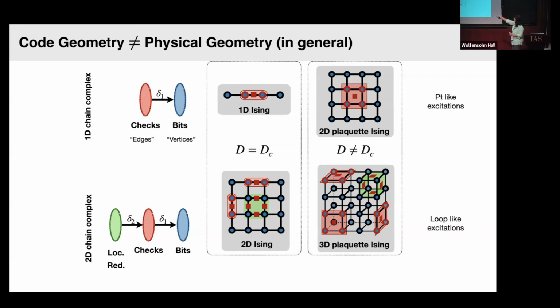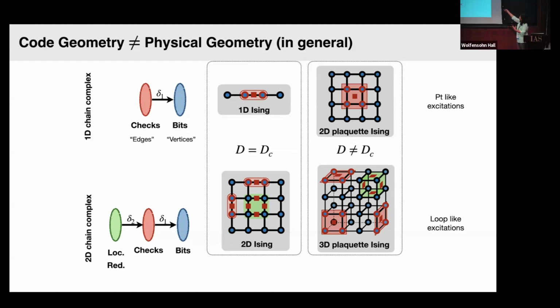That'll just give you the 2D Ising model, but you instead consider 4 body checks that live on plaquettes of this 2D Ising model. So now you can see that by doing this, your V1 objects in your code, your checks, are no longer living on what's the V1 object, which are the edges of your manifold. You've now put your checks on these plaquettes.